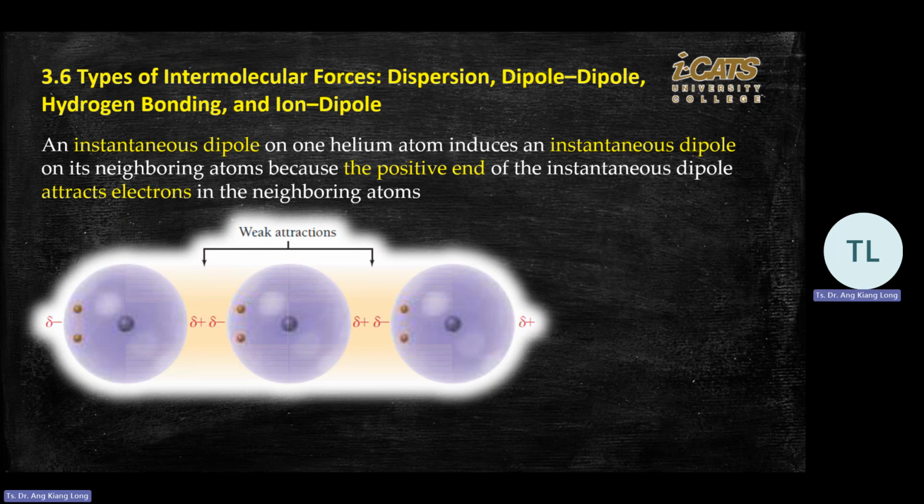In the arrangement of the poles, positive must be linked to the negative side. If it's negative to negative, then it will repel. Repel means it breaks away the bonding, and then it will change form already, for example from solid to liquid, and so on.